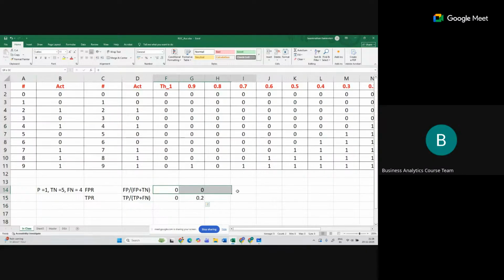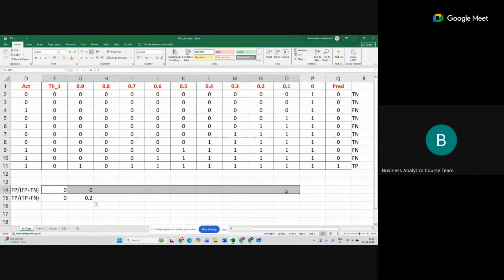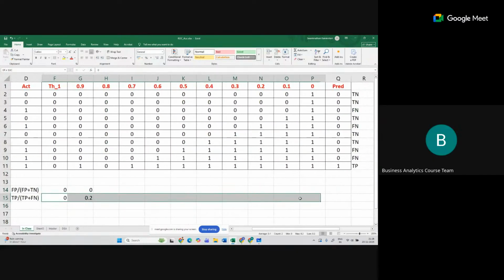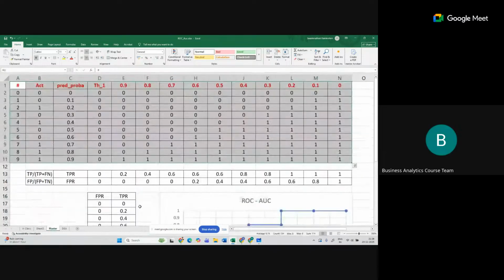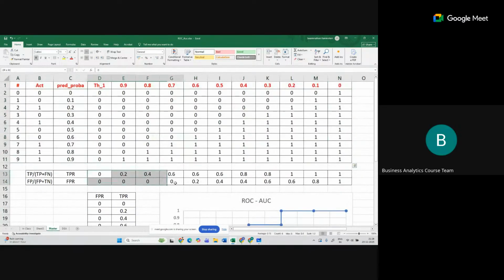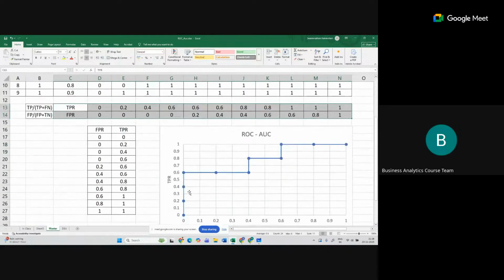So you will have to do this for all the thresholds from 0 to 1. If I do that, this is what I will end up getting. So for 0.9, it is 0.2 and 0. For 0.8, it is 0 and 0.4. For 0.7, it is 0, 0.6, and so on. And now, after getting this table, I'm transposing them, and I'm having FPR as x-axis, TPR as y-axis.